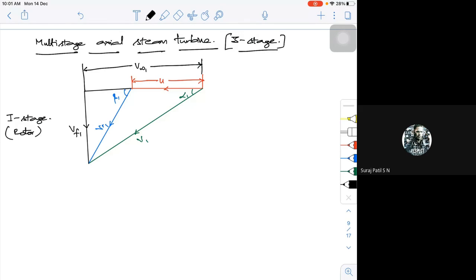Now let me try the exit velocity triangle. If you want to write the exit velocity triangle, it will be something like this. This is my VR2, and this will be my V2.